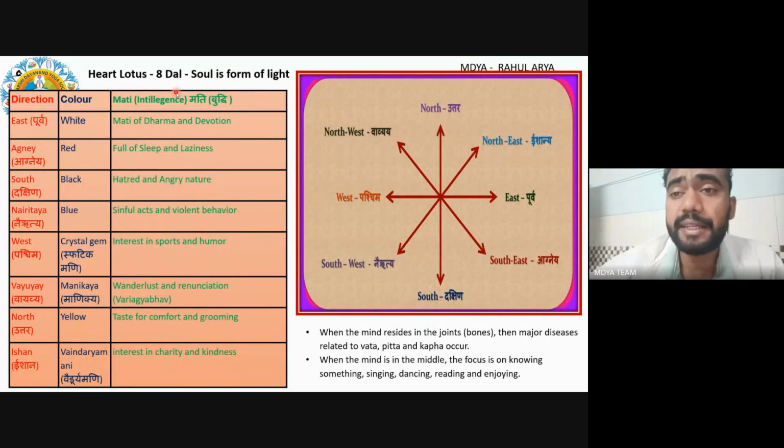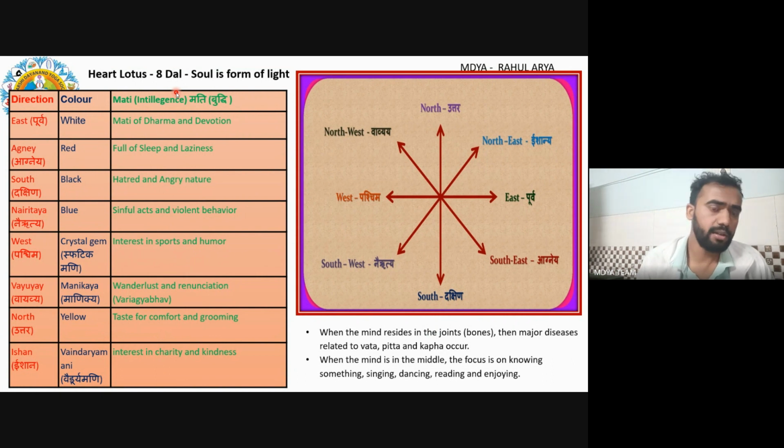Next is about the heart lotus. This slide is very, very important because it divides our heart into many parts. Previously we also discussed this.